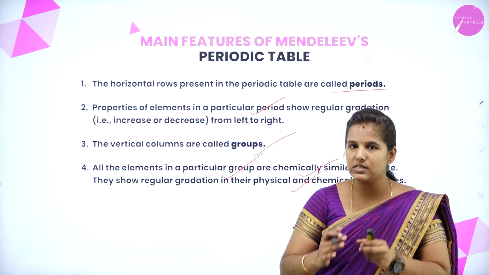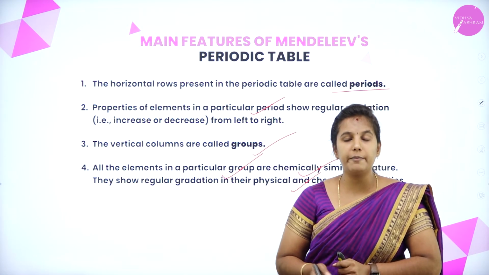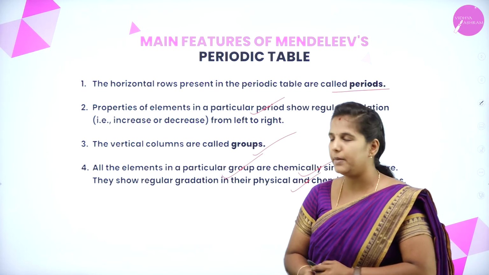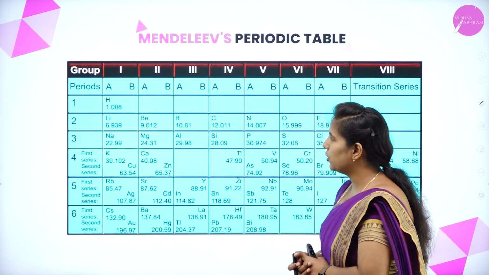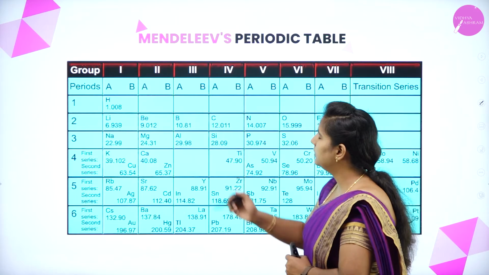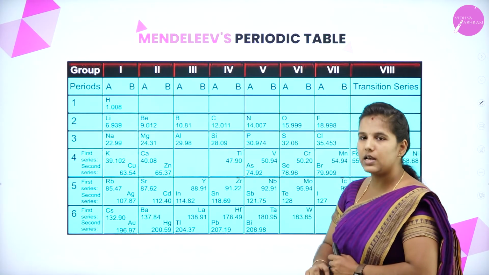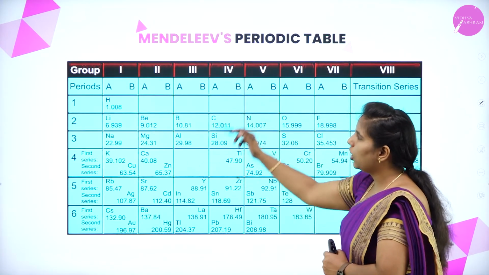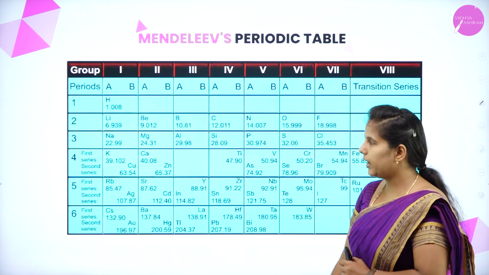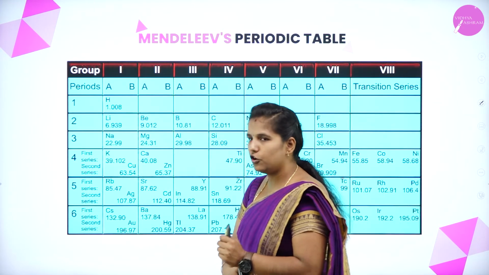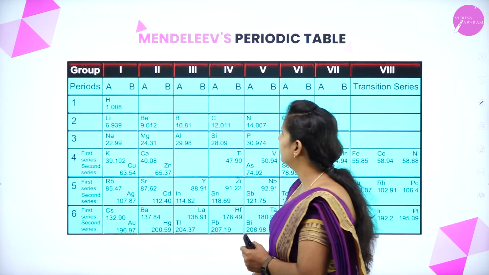So let us discuss the entire periodic table proposed by Mendeleev. You can see that the horizontal rows are known as periods and vertical columns are known as groups. Here in the first group he placed hydrogen.